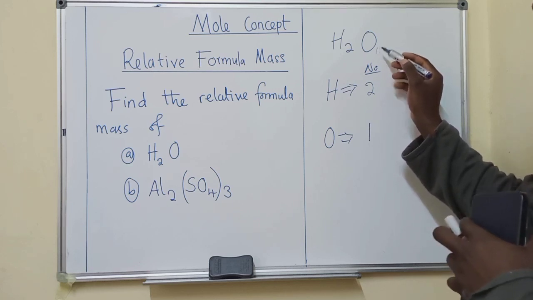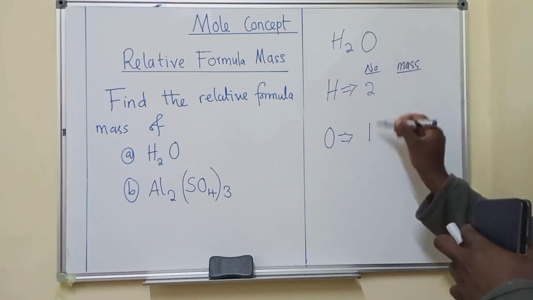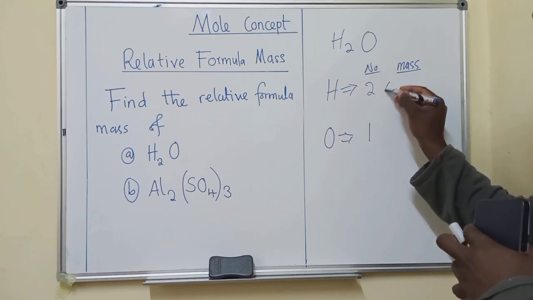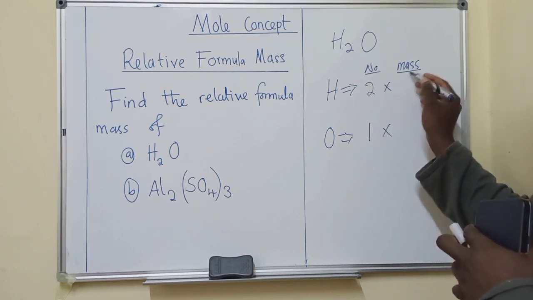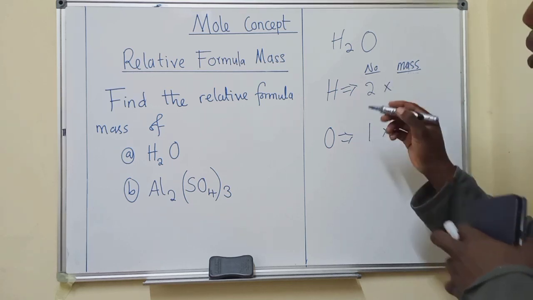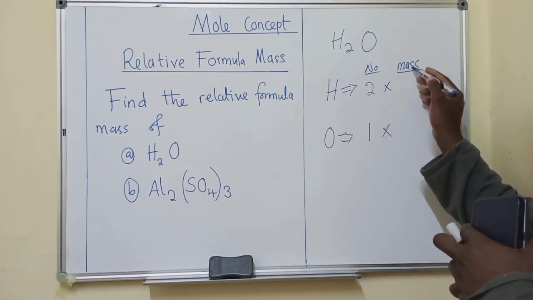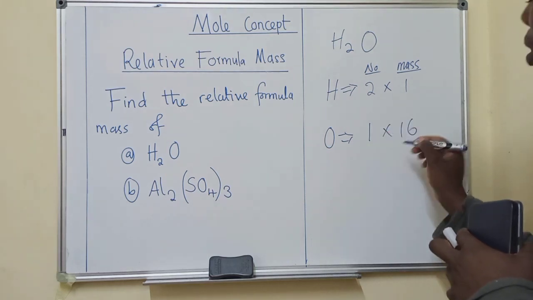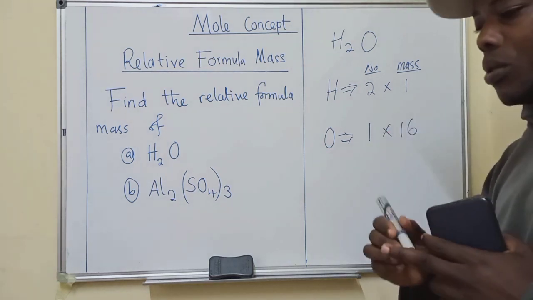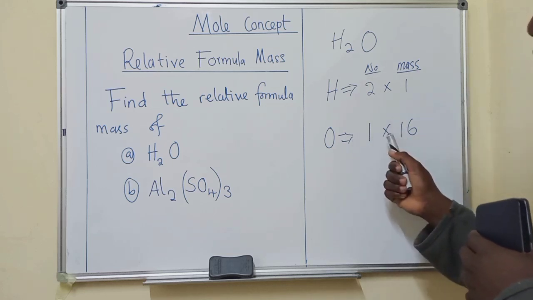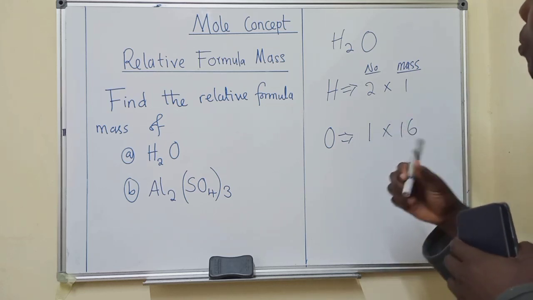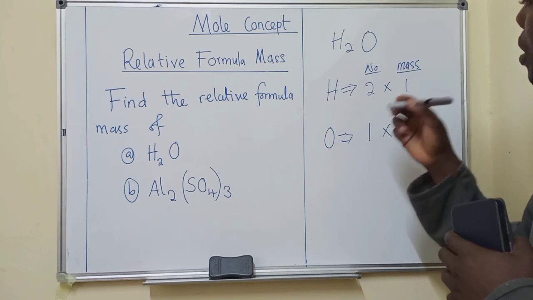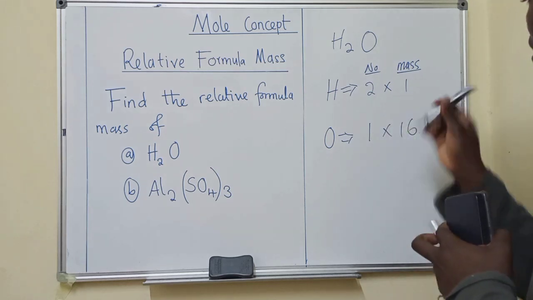If you're not able to see any number, it means there is a 1. For mass number, so we say times, you go to the periodic table and then find the mass number of hydrogen. It's 1. The mass number of oxygen is 16. So just get your periodic table and go to where oxygen is. The number that is on top is your mass number. And for hydrogen, the number that is on top is also the mass number.